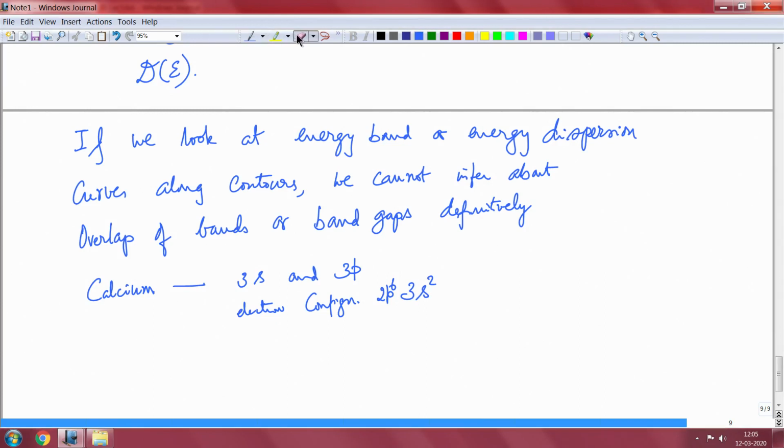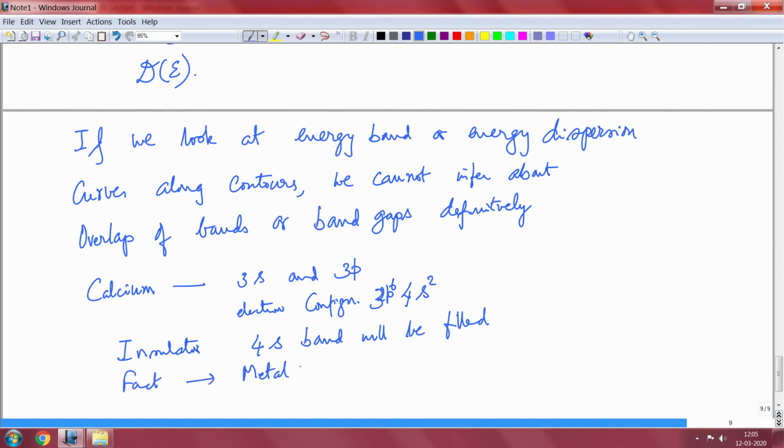I am sorry, I should have been prepared for this. 3p6 4s2. So it appears like it should be an insulator, because the 4s band will be filled, because the 4s is the actual valence shell, and you must say it is an insulator, but the fact is it is a metal.